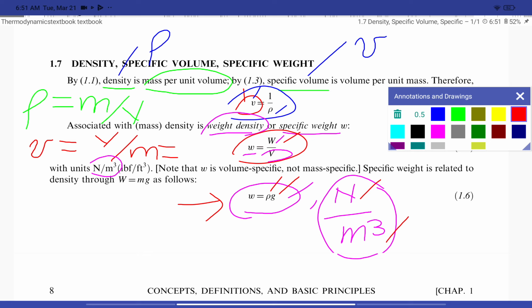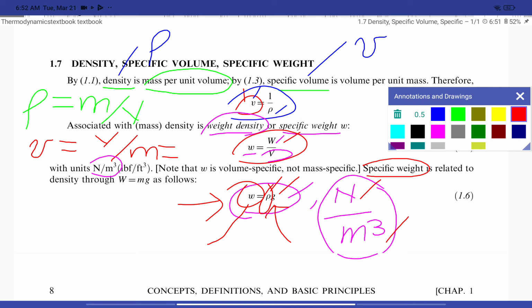So if you are asked to solve for the specific weight, but no weight is given and no volume is given, but you have the density and G given, then you can solve for specific weight.